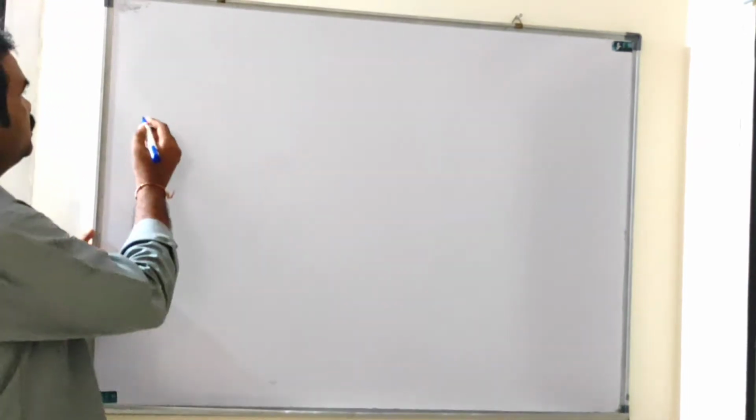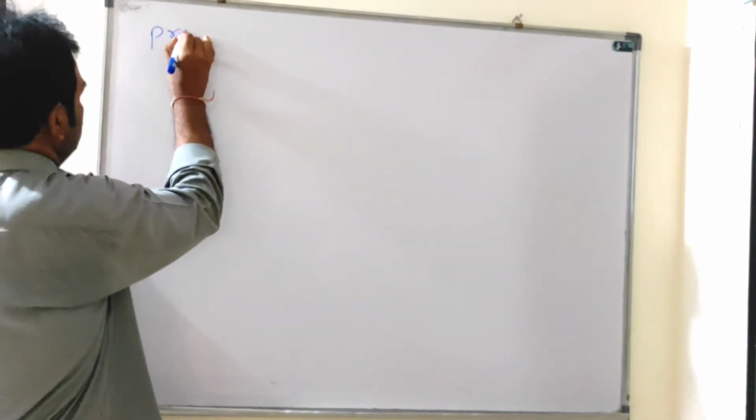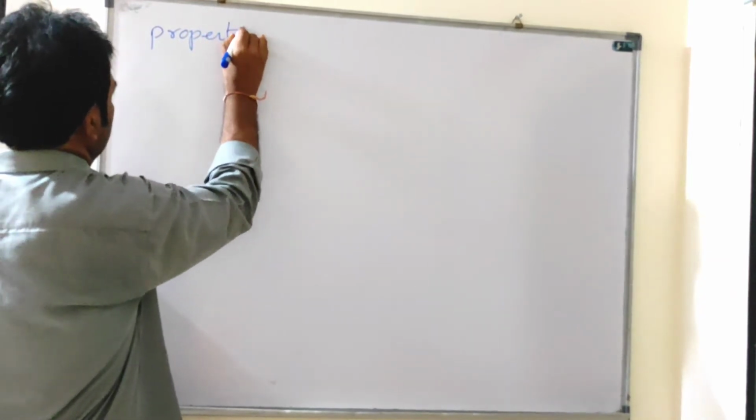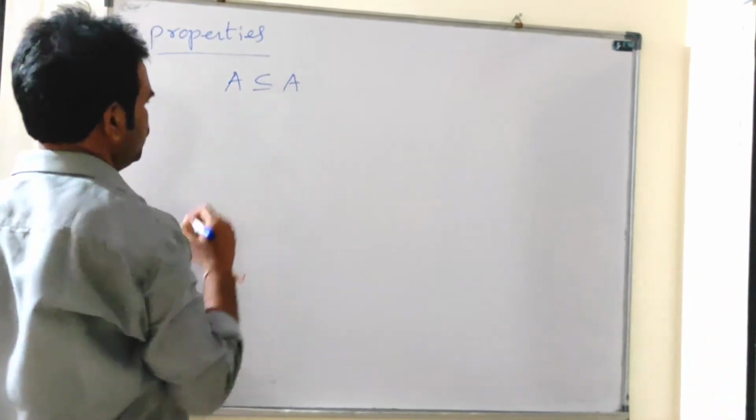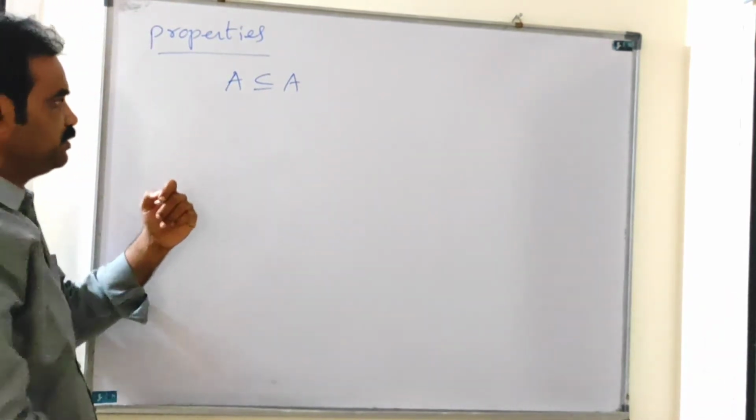See the properties of subsets. A is a subset of A. That means every set is a subset of itself.